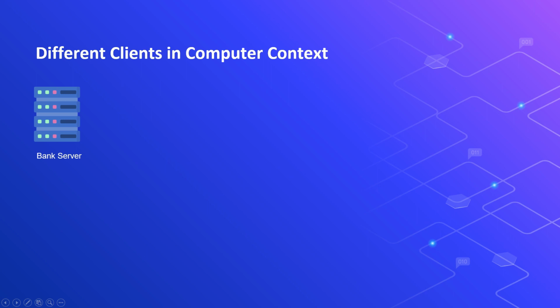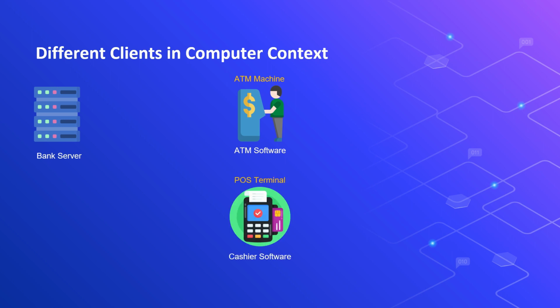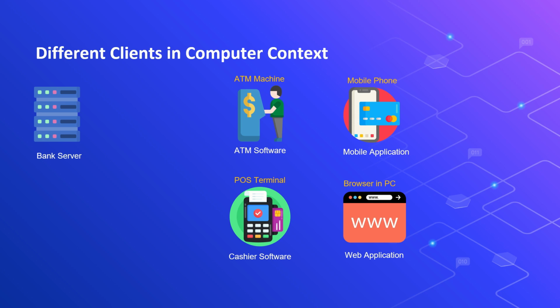Nowadays, many types of clients share the same bank server. We have ATM software in an ATM machine, cashier software in a POS terminal, a mobile application in a mobile phone, and the bank website within a browser in a PC. They are all different types of software in different types of hardware.